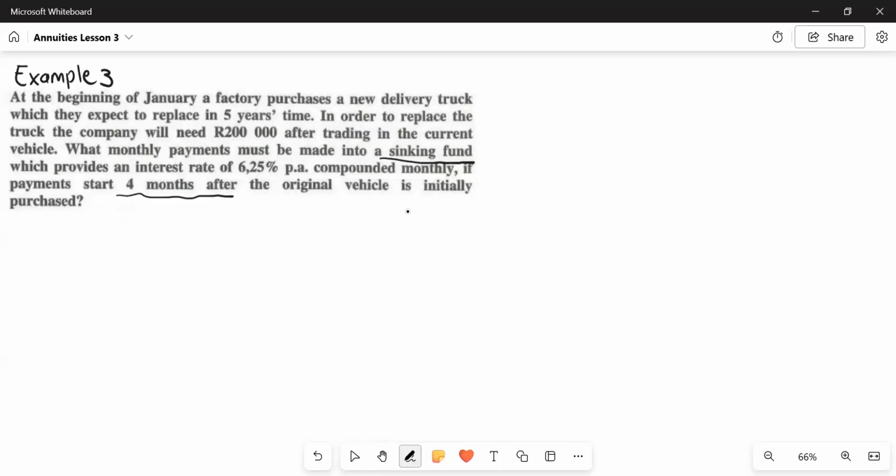Let me try and draw a timeline for you guys. So 1 month later. Okay. This is January, right?